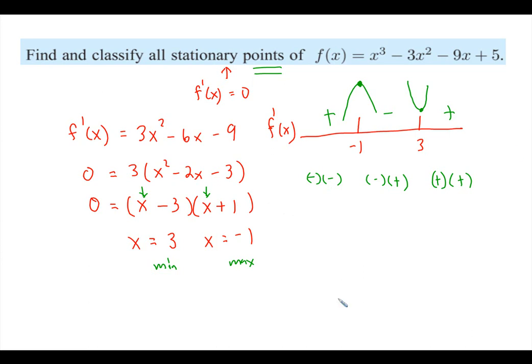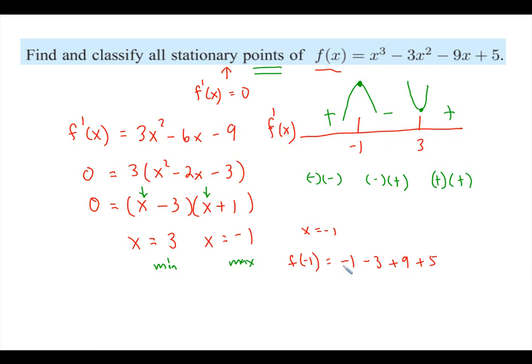When x is equal to negative 1, we need to find the y value. To find the y value, you just plug it into your original function. So f of negative 1: negative 1 cubed is negative 1, negative 1 squared is 1 times negative 3 is negative 3, and then this gives us a plus 9 and then plus 5.